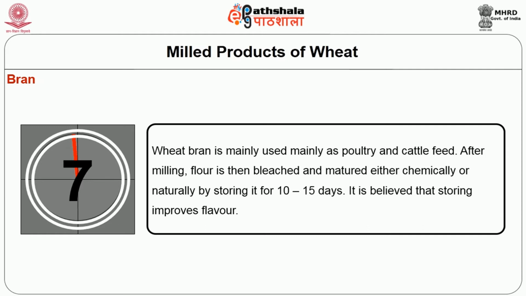After milling, flour is bleached and matured either chemically or naturally by storing it for 10 to 15 days. It is believed that storing improves the flavor of the flour. Color of the flour: flour in good condition should have a creamy white color. This is more important.